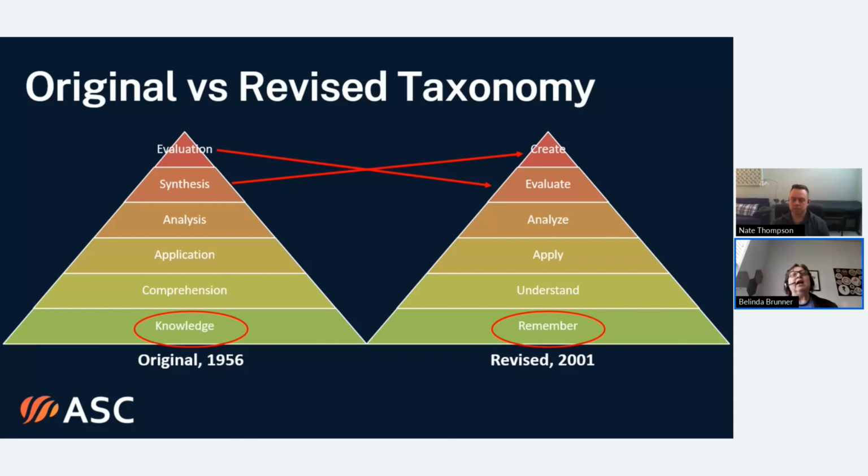There was a lot of debate, and even in my own mind, I think about, does synthesis really occur before evaluation? Maybe sometimes, depending on the body of knowledge you're studying or the task at hand, it does, but sometimes you might have to evaluate before you can synthesize. So that was changed to evaluate and create being the highest part of the taxonomy.